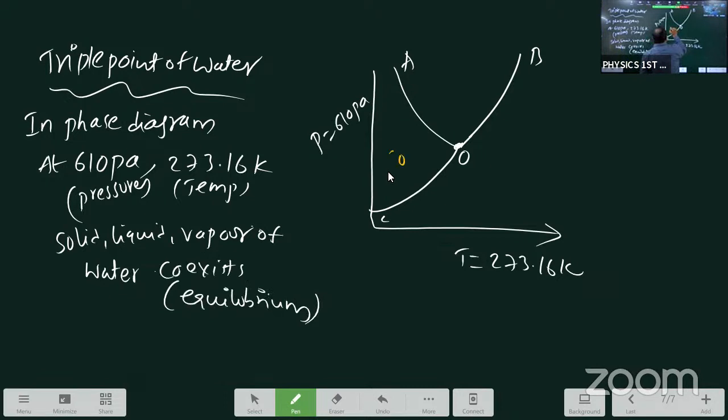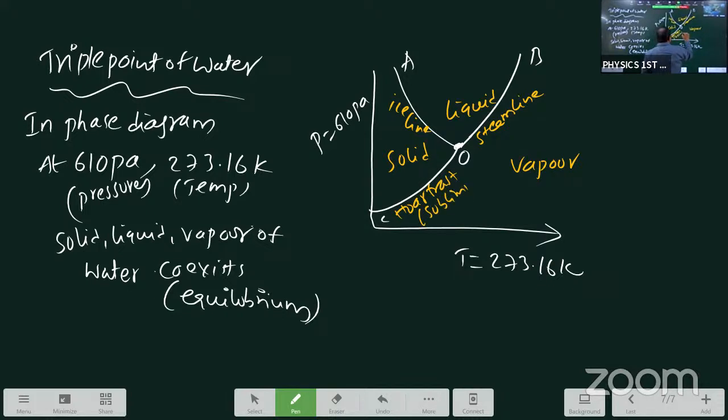This is the solid, liquid, vapor region. Ice line, steam line, hoarfrost, sublimation. Anything, no problem. Now see, students.